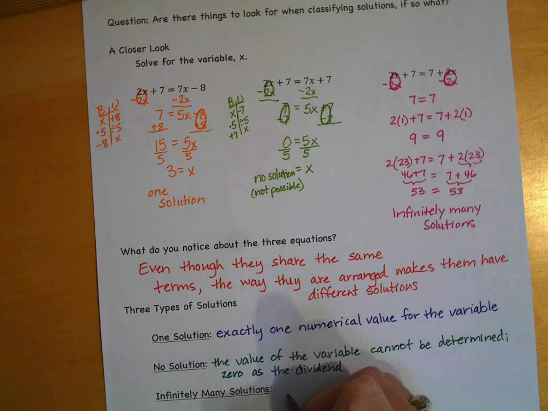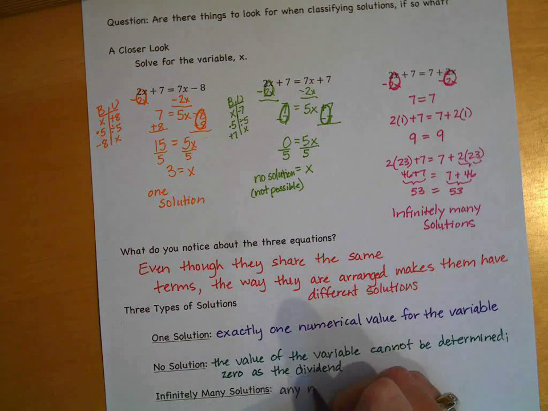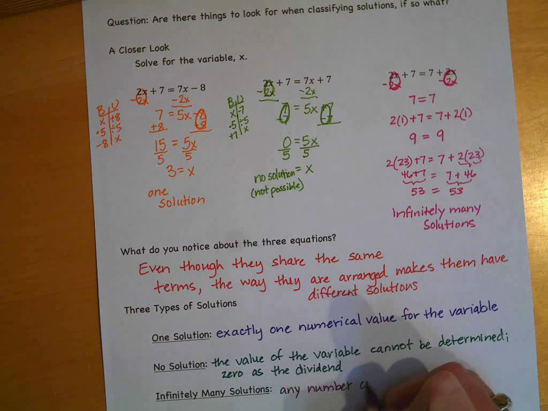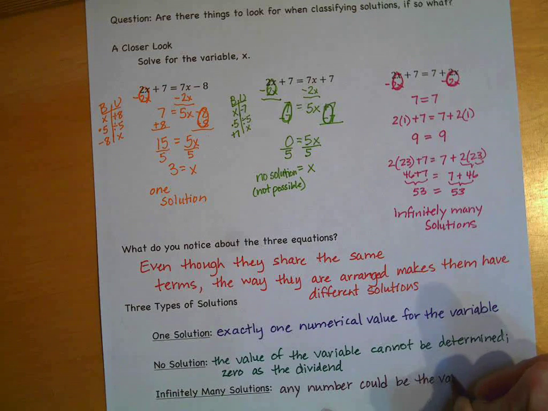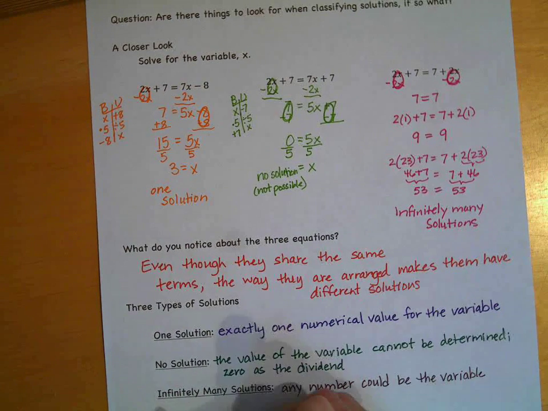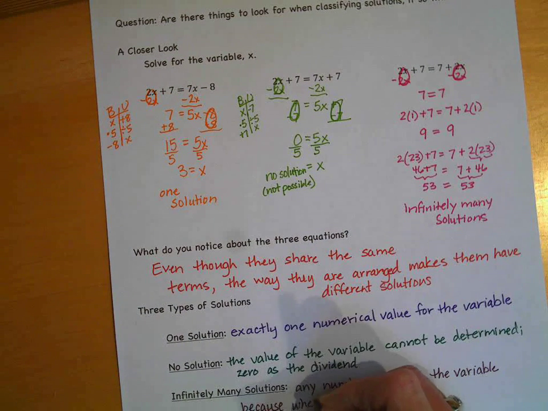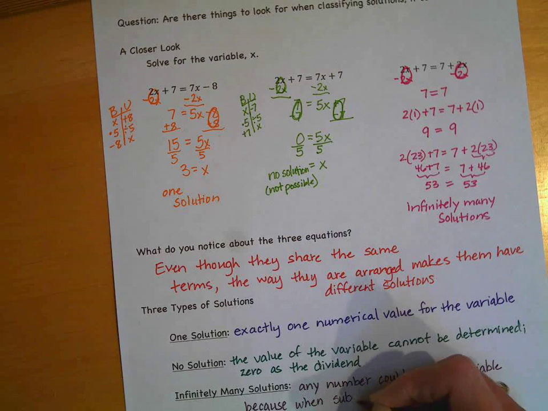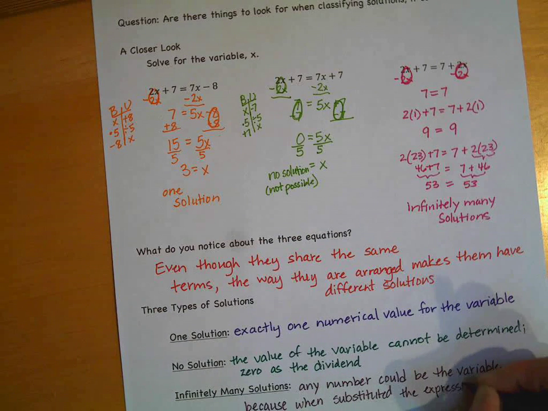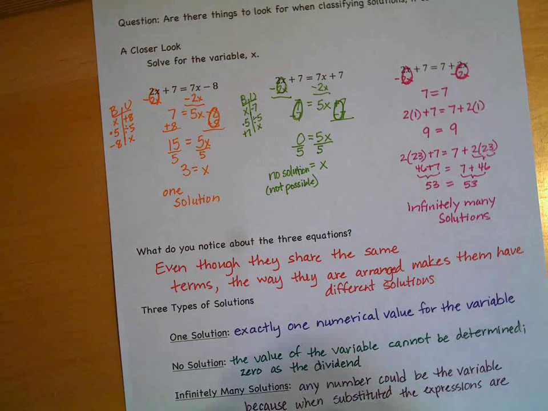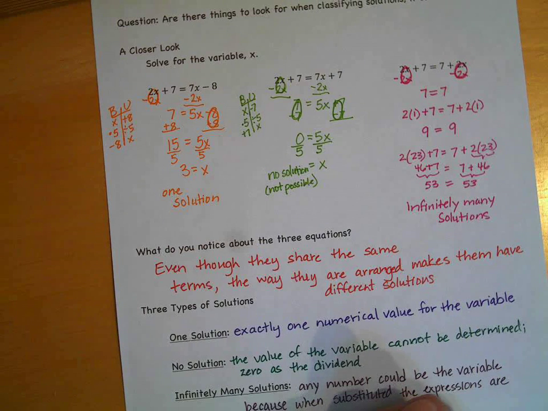So infinitely many solutions means that any number could be the variable because when substituted, the expressions are always balanced.